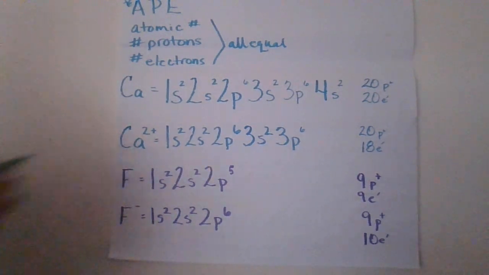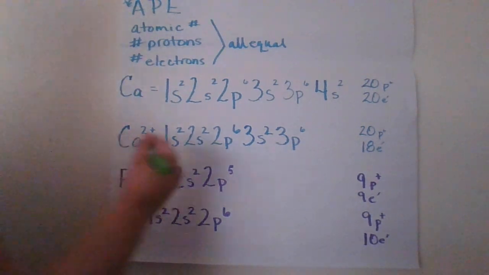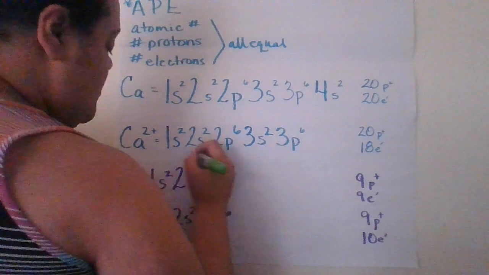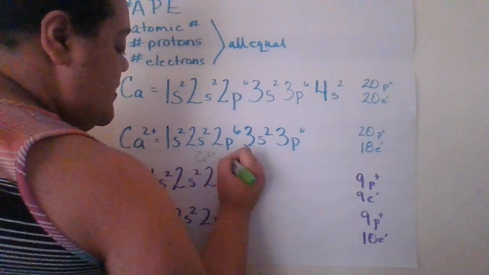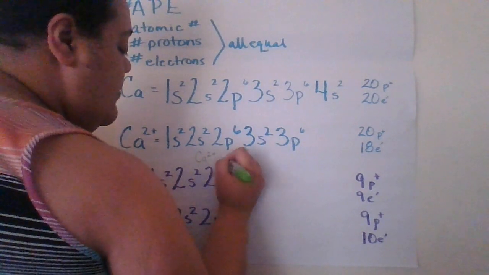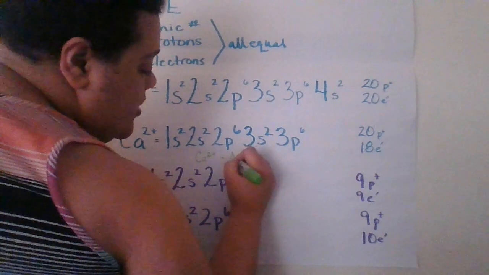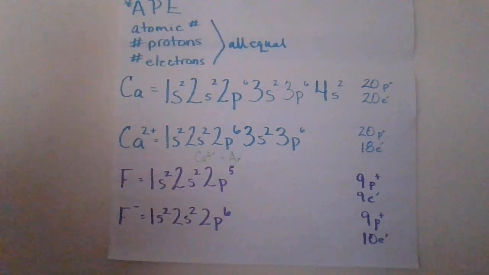Calcium with a 2 plus charge has the same configuration. So Ca 2 plus has the same electron configuration as argon in its natural state. Okay?